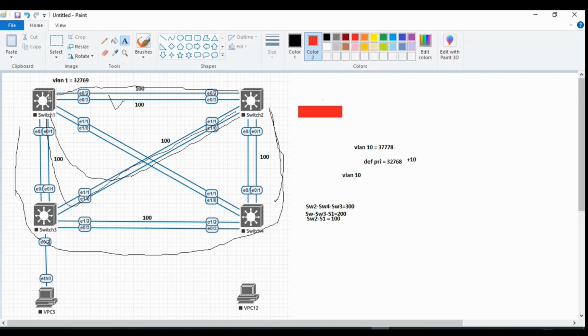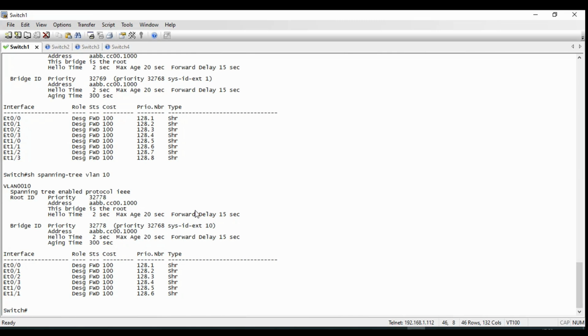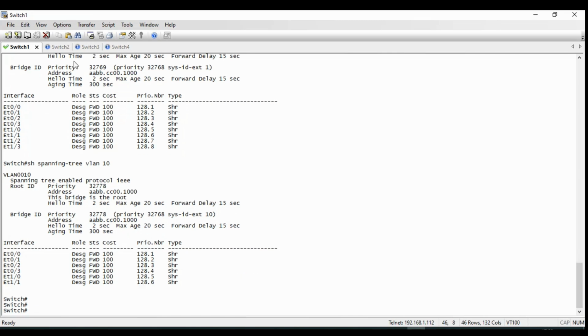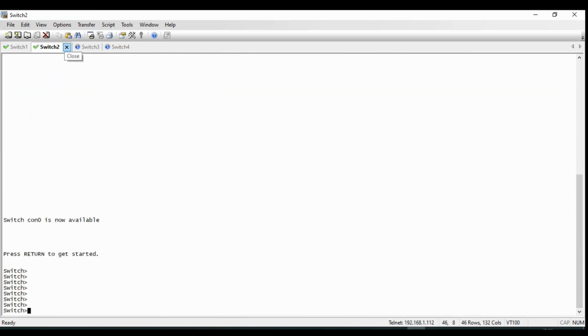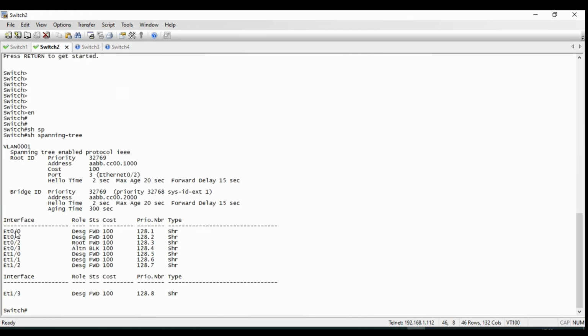So what will the root bridge do? The root bridge switch will send a frame from the lower port to this switch, and the lower port will become the root port. In this design, let me show you the root port. As per the definition, E02 becomes the root port, right?